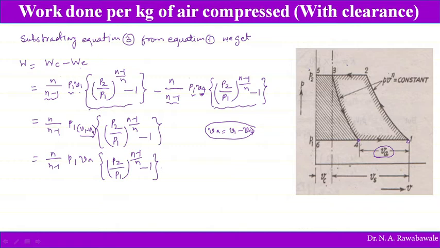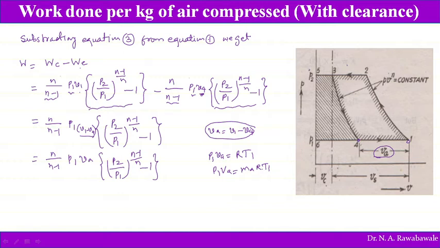Now this P1 VA can be written as RT1, or P1 VA is equal to, can be written as mRT1.